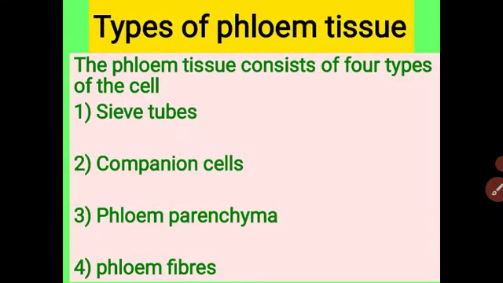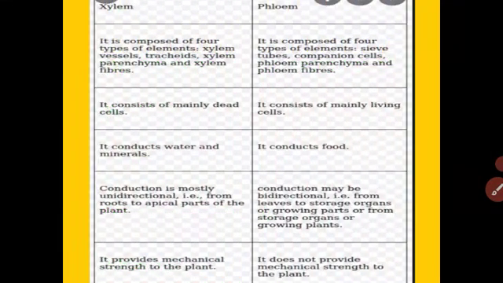Understood, student? What are phloem tissue and xylem tissue? Let us see the difference between xylem and phloem. The xylem tissue is composed of four types of cells: tracheids, vessels, xylem parenchyma and xylem fibers.